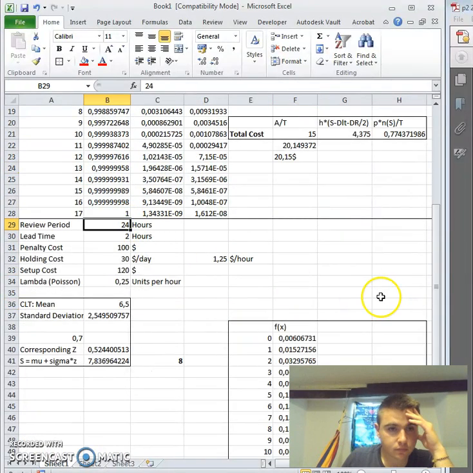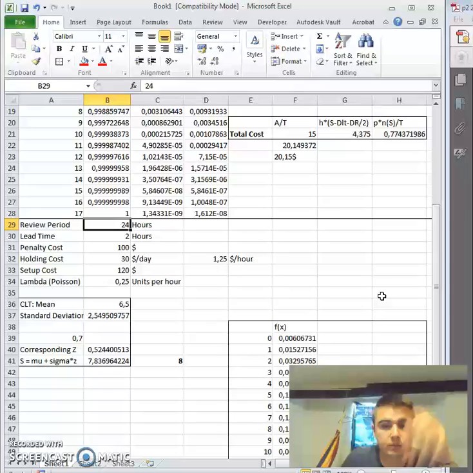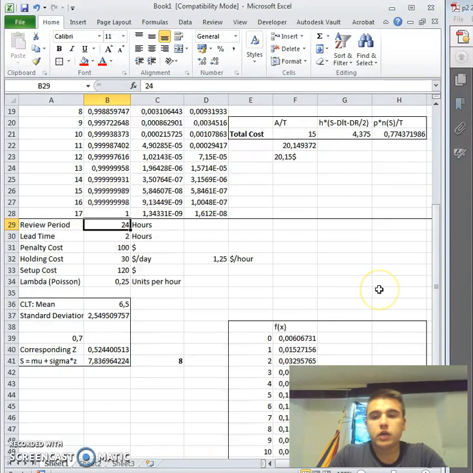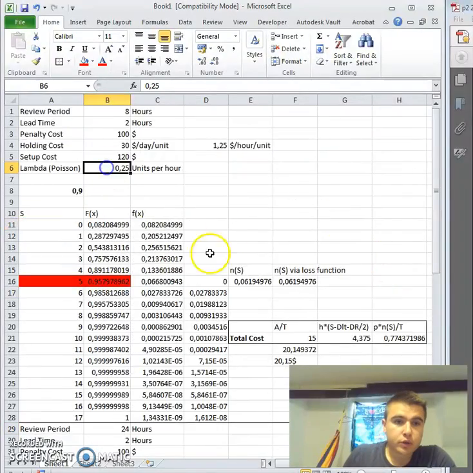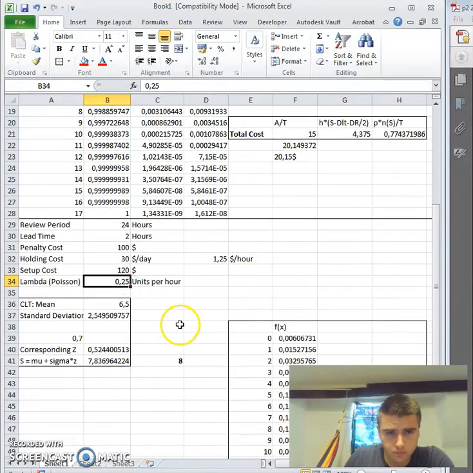Then we go to question C, where the review period will become 24 hours, so 1 day. And what we know is we want to use the central limit theorem. So we know that for 1 hour the lambda was 0.25, and we also know that for a Poisson distribution the variance is equal to the lambda.